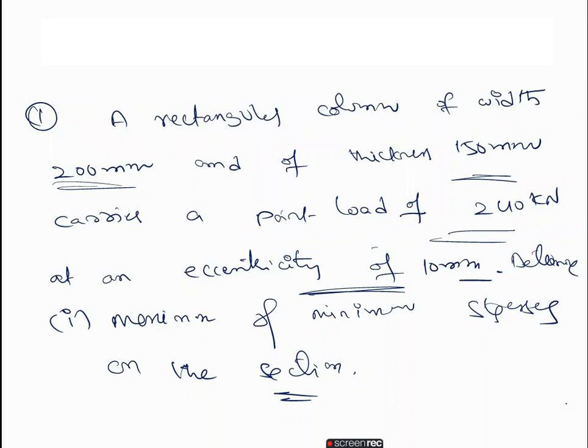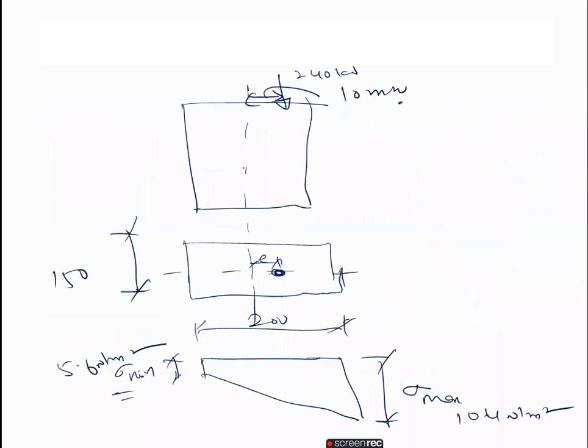I will explain again for your better understanding. A rectangular section column has width 200 mm and thickness 150. It carries a point load of 240 with an eccentricity of 10 mm. We have to determine the maximum and minimum stresses. This is the diagram, the plan and the elevation.